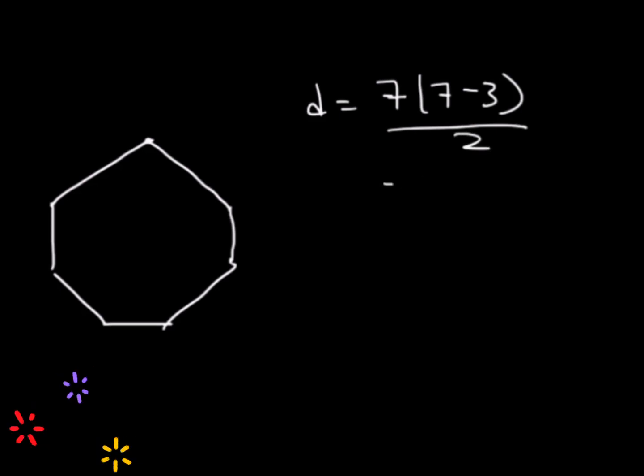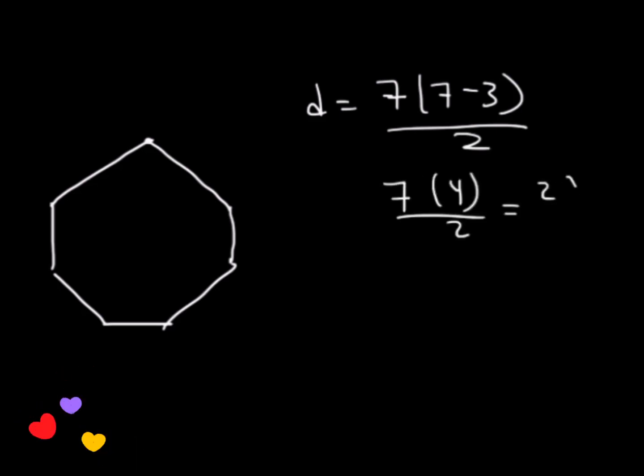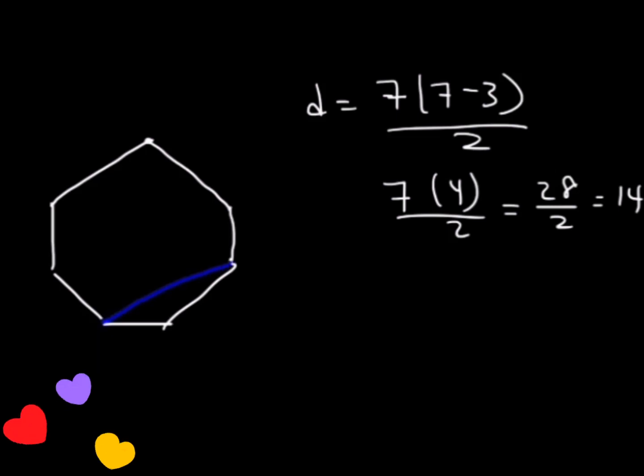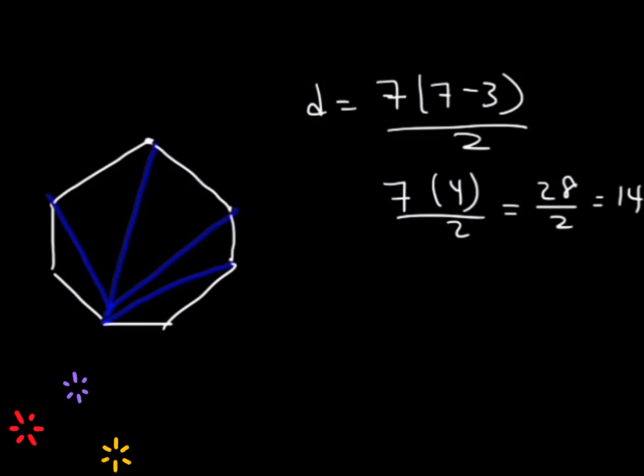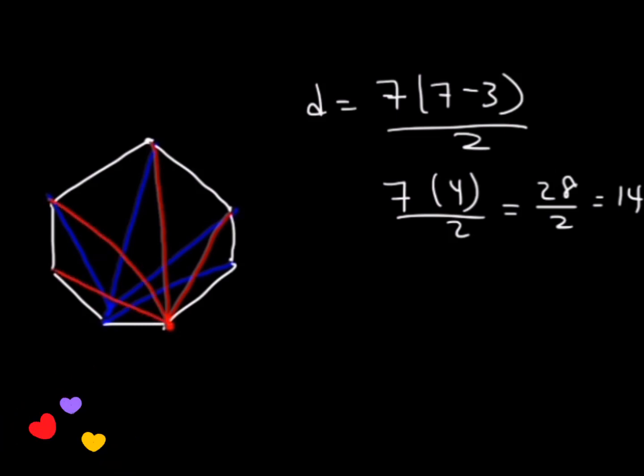Now 7 minus 3 is 4, and 7 times 4 is 28. And 28 divided by 2 is 14. Let's see if we can draw 14 diagonals. So this is 1, 2, 3, and 4. Now starting this point, 5, 6, 7, and 8.